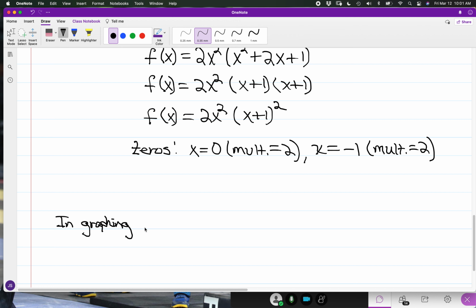In graphing, you're going to have f of x. If it has zeros, it's going to do either of two things, and it might be doing a blend of both.